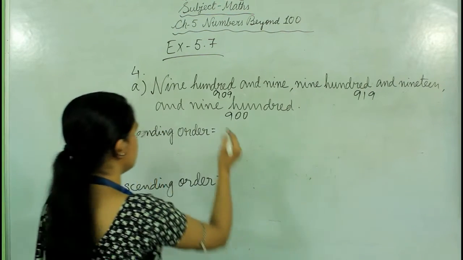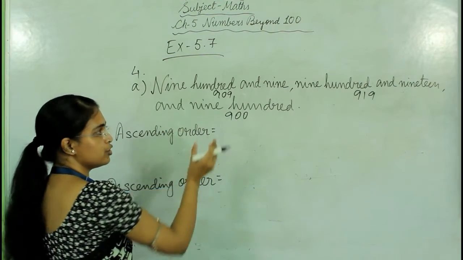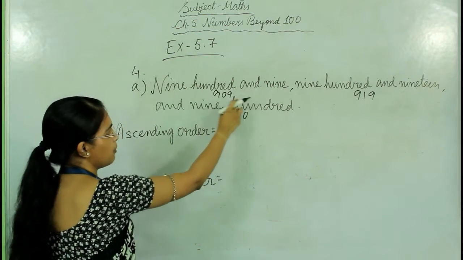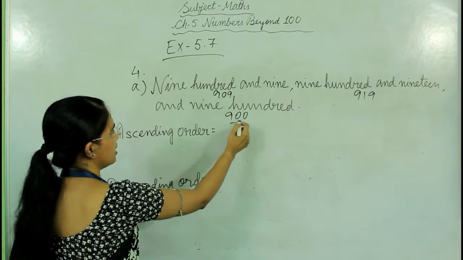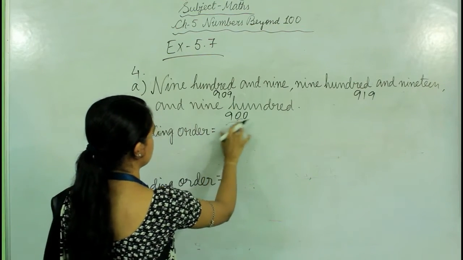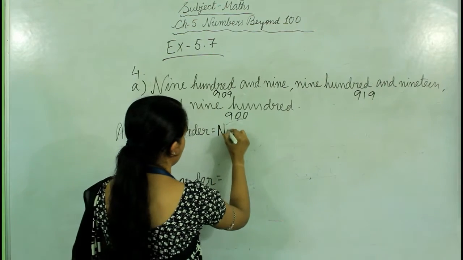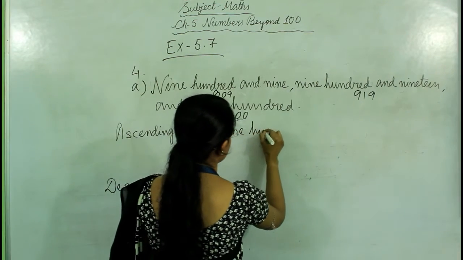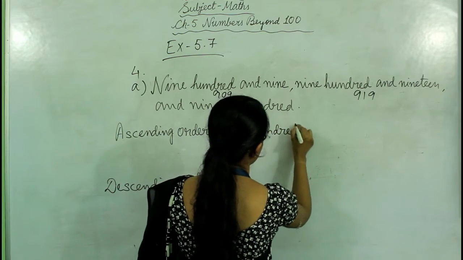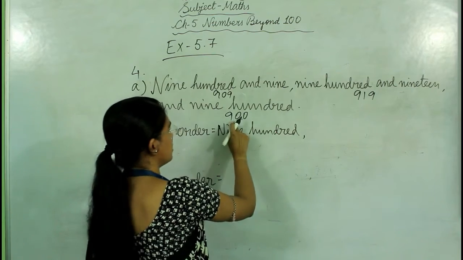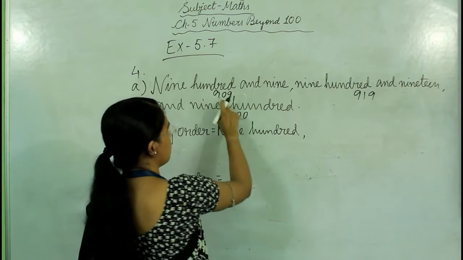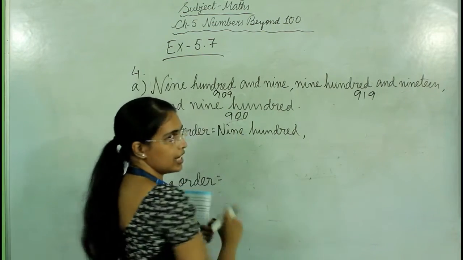Chota se bada. Now which one is the smaller number among these 3 numbers? 900 is the smaller number. So you have to write the name of 900 here. Then after 900, which one is the smaller number among these 2 numbers? 909 is the smaller number.